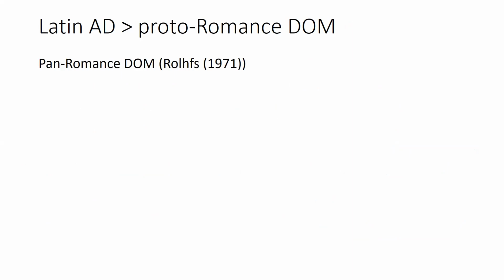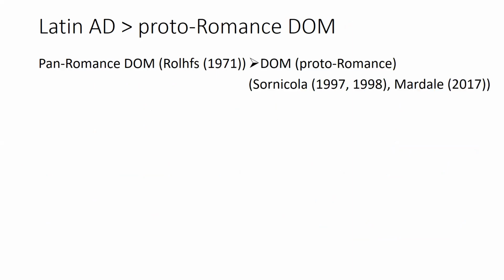Okay, in terms of accounting for all of this, as Rolf said, the use of dom is actually pan-Romance. It's definitely not restricted to Spanish, and given such a big distribution, it's led people to argue that dom was actually formed in proto-Romance. There are people like Rosanna, Nicola, and more recently Alexandru Mardale. They've argued that historically, the formation of a dom probably goes back to the prehistoric formation.